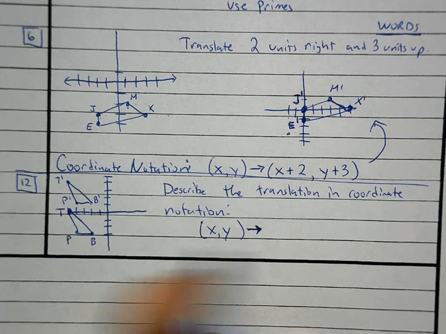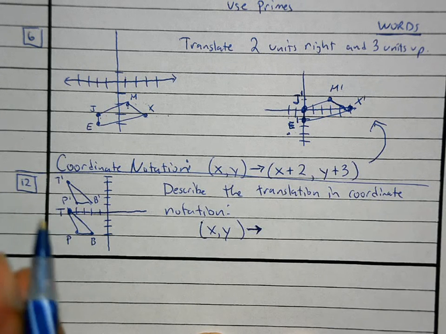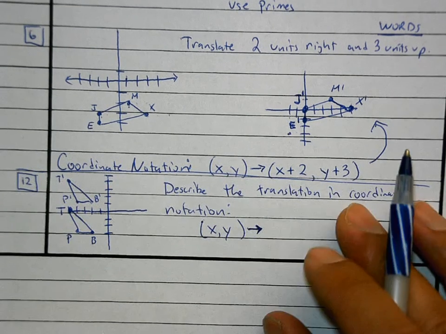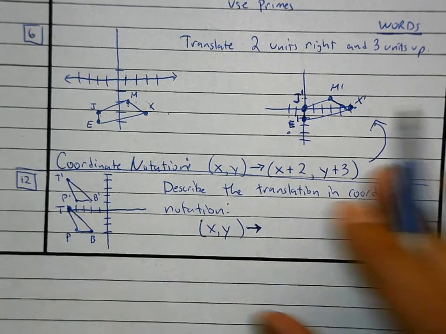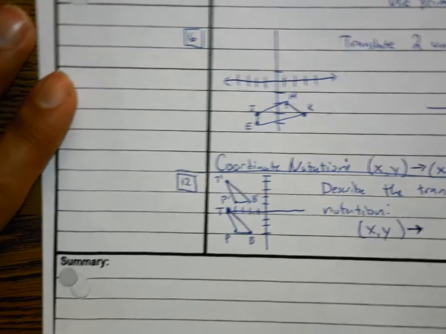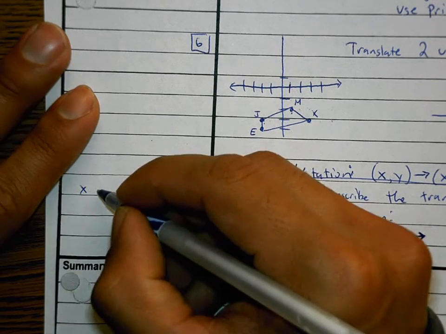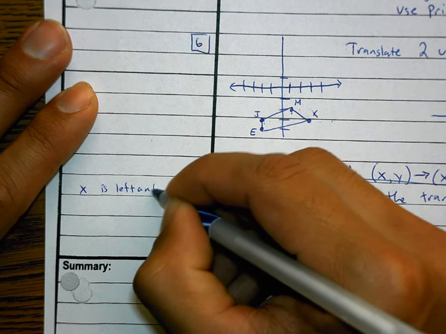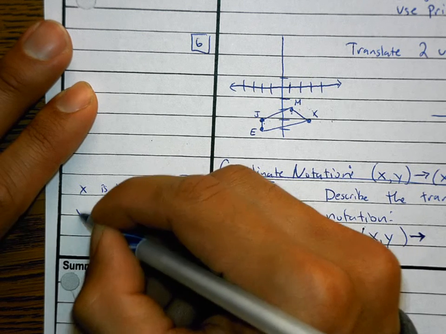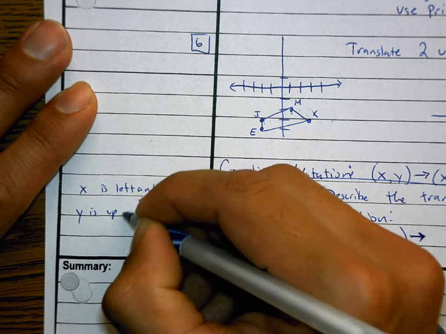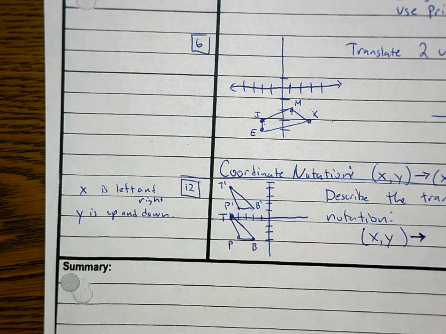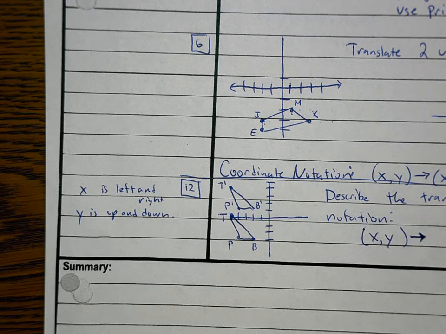Or to the right 0. Don't forget x and y. x deals with how many right and left it uses. So it's not moving anything right or left. I'm going to write that off to the side here. x is left and right. y is up and down. Just so that we're aware that x is left and right and y is up or down.